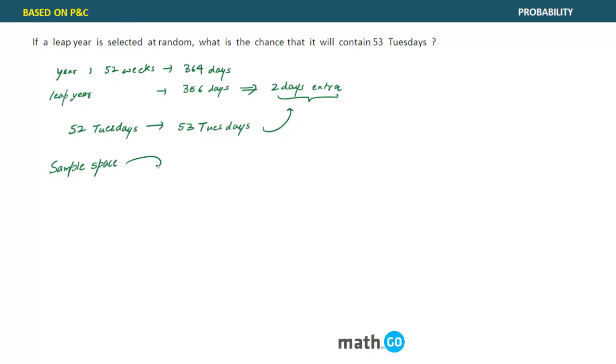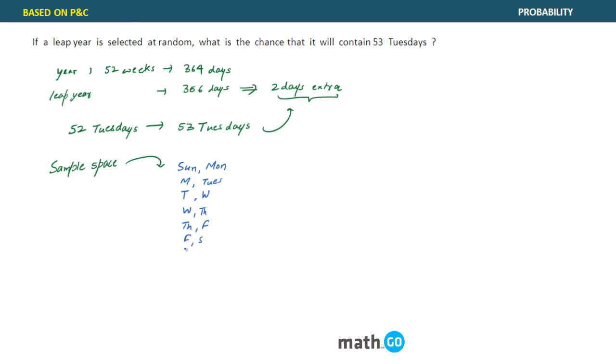Okay, I'll give you the idea of what the sample space is in this particular question. It says that 2 days are extra. So can you now tell me what the 2 days are? It could be a Sunday, Monday pair. It could be a Monday, Tuesday pair. It could be Tuesday, Wednesday. Wednesday, Thursday. Thursday, Friday, Friday, Saturday.